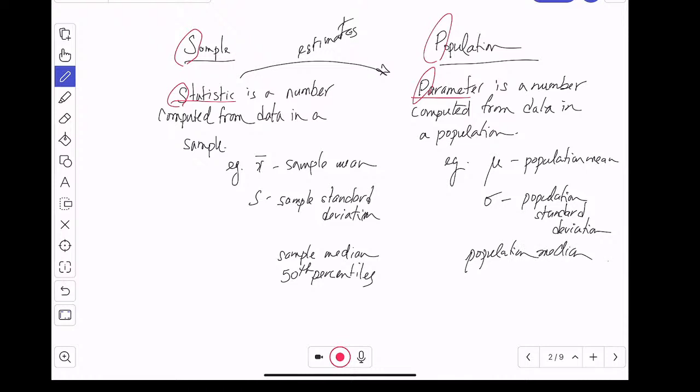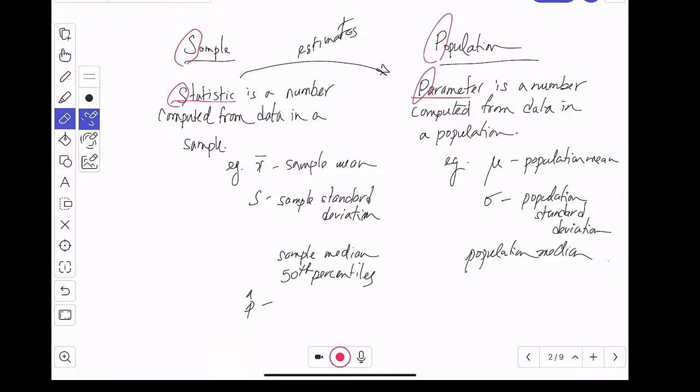Okay, so those are examples. And one more that's popular and that you've learned about is proportion. Proportion is really important: the proportion of people who wear masks in public places, or the proportion of people who vote Democrat, something like that.